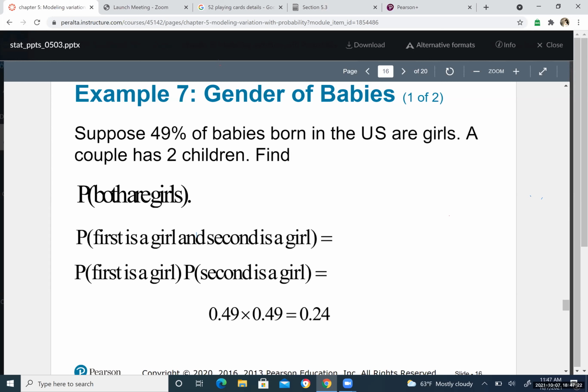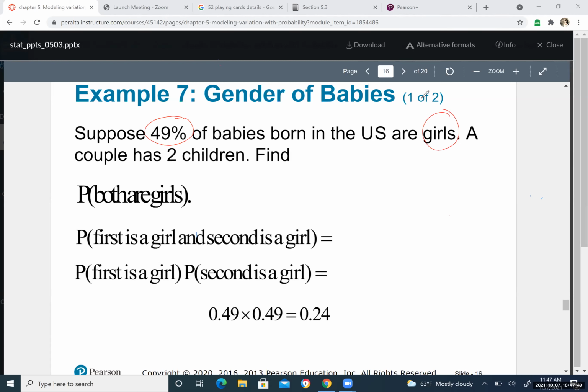So let me notate this. They given us 49% of babies in the US are girls. They given us the probability of the girls. So each baby has a 49% chance of being born a girl in the US.